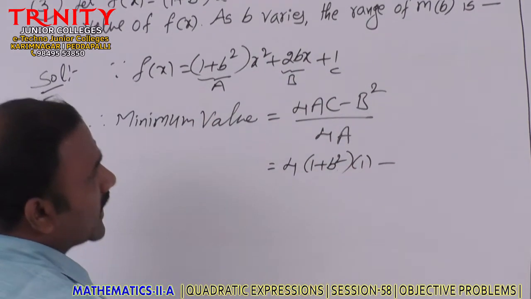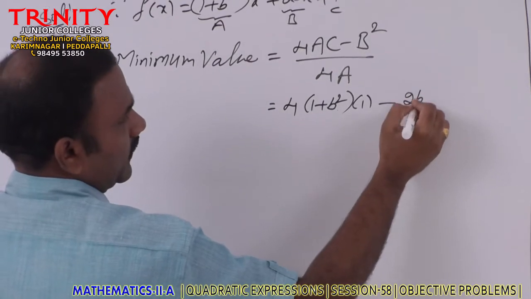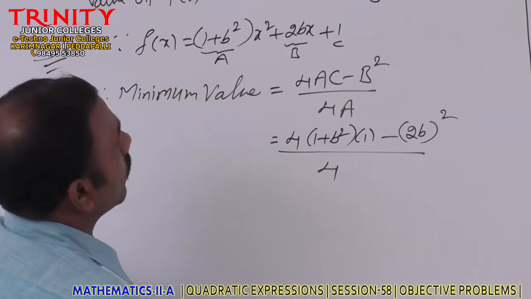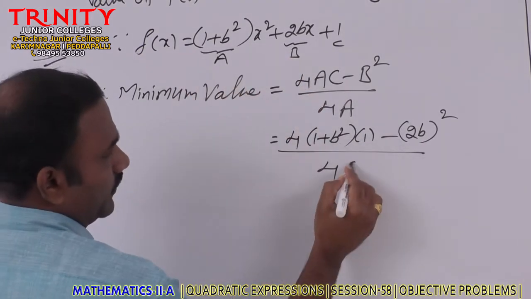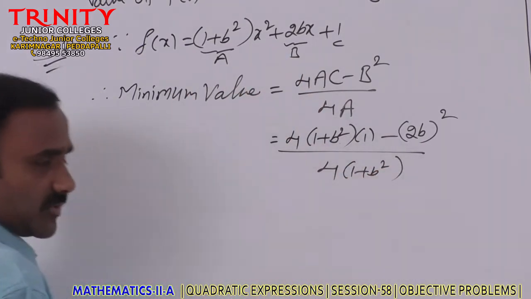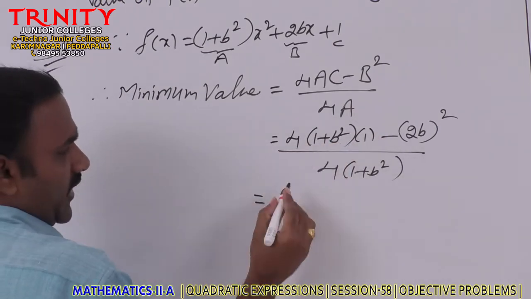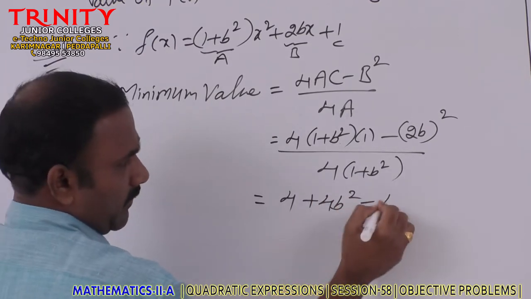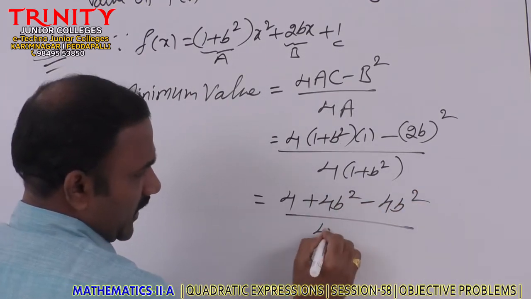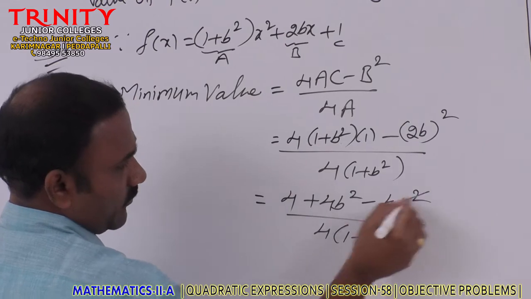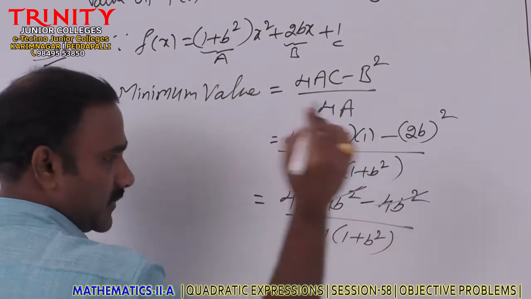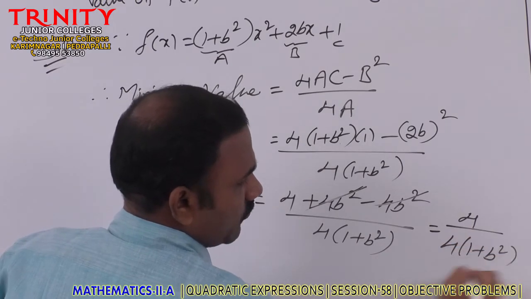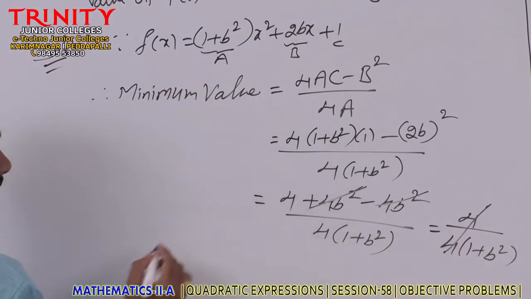4ac minus b square, that is 2b whole square, by 4a, that is 4 into 1 plus b square. Now simplify it. 4 into 1 is 4, 4 into b square is 4b square, minus 4b square, divided by 4 into 1 plus b square. 4b square cancel. What we got now here? 4 by 4 of 1 plus b square, it's cancelled.